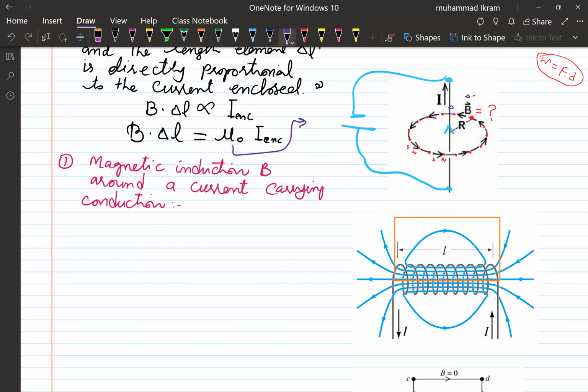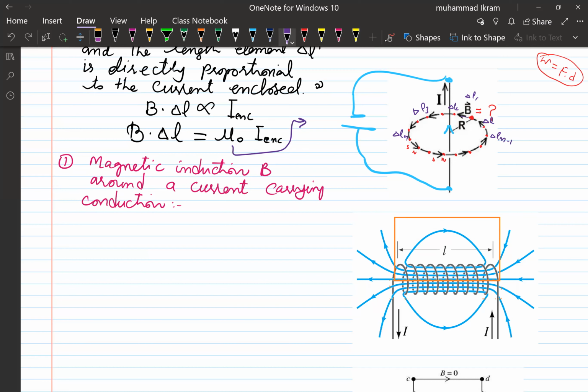Here it is delta L1, here it is delta L2, delta L3, delta L4, until you arrive at delta Ln. And B is in the direction of this, along the length element delta L.